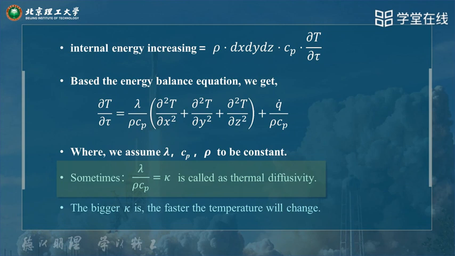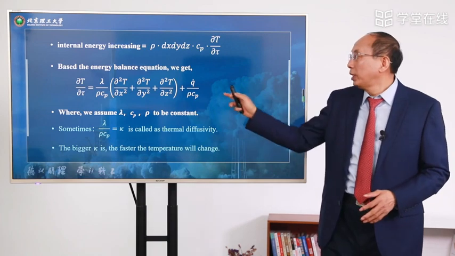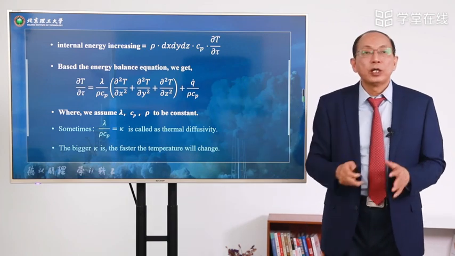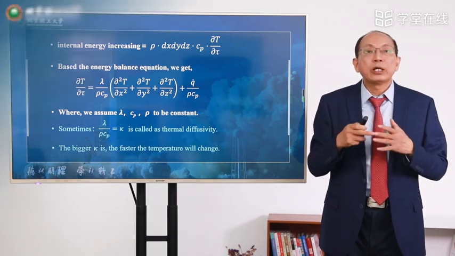It expresses the heat transfer, the conduction rate, whether fast or slow. We know the bigger kappa is, the faster the temperature will change. So here is a very famous conduction equation.